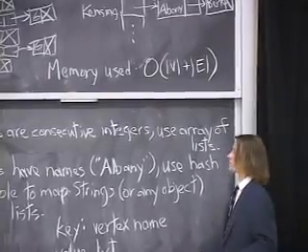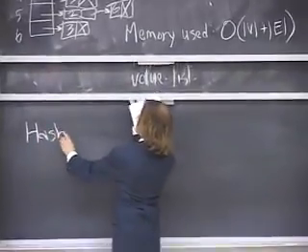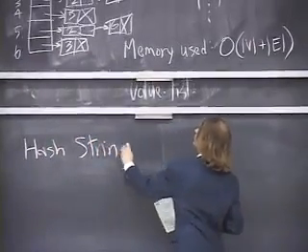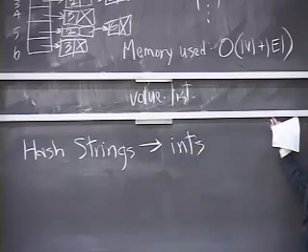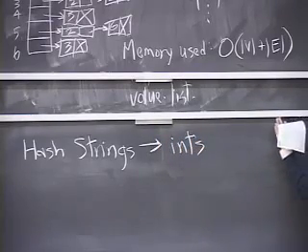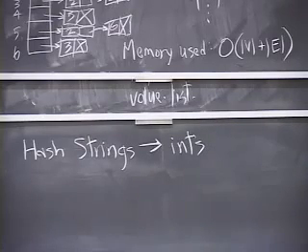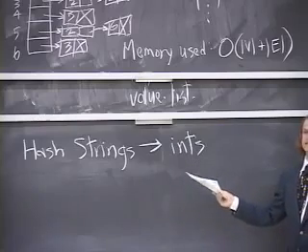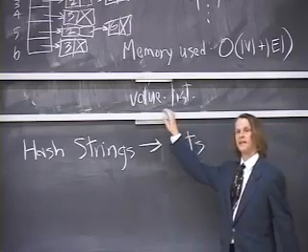Well, in that case, what I would do is I would use a hash table that creates a map of strings to integers. That way, I could just go through my strings and assign them all numbers. I could say, all right, Albany is 1, Kensington's 2, Berkeley's 3, Emeryville's 4. And then whenever someone gives me a string, Berkeley, I can look it up in my hash table and see, oh, Berkeley's number 4. And then once I know the number, then I can look it up in the adjacency matrix. So, good question. Yeah?